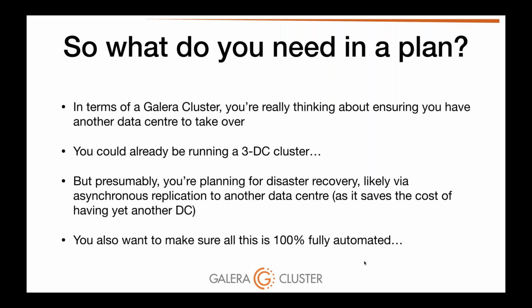But you have to make sure that you fully automate all of this, because there's going to be one passive Galera cluster potentially, or maybe it is there just to serve reads in the second data center. You need some kind of automation solution around it that doesn't normally exist unless you're willing to just use Galera cluster. So there's some additional work you'd have to do if you want to save money and run just two data centers.